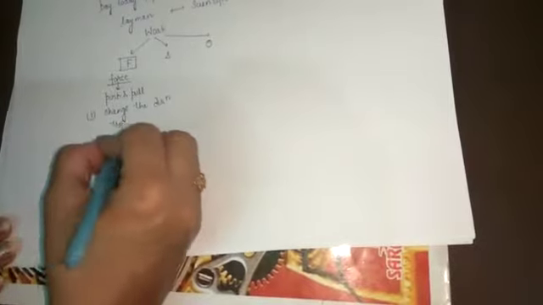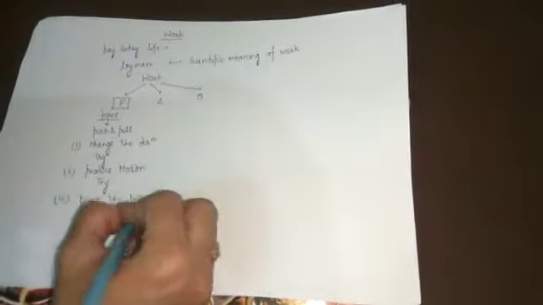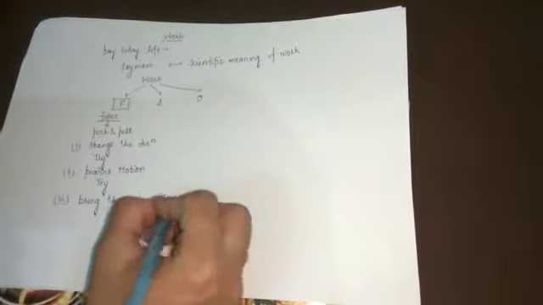It can change the direction or even try to do so. Second, it can produce motion or try to do so. Third, it can bring the body at rest or try to do so.